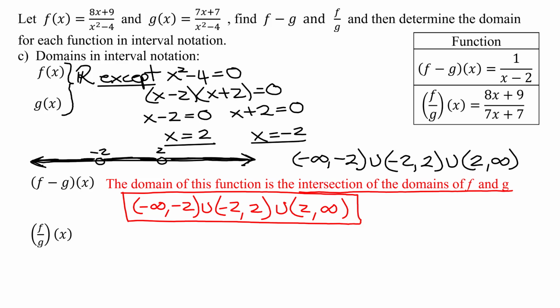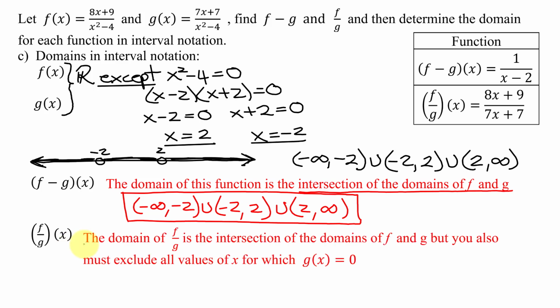So that is the domain of my difference function, f minus g of x. And lastly, I need to find the domain of the quotient function, f divided by g of x. And the domain of f divided by g is the intersection of the domains of f and g. But you also must exclude all values of x for which g of x equals 0. So when is this function g equal to 0?